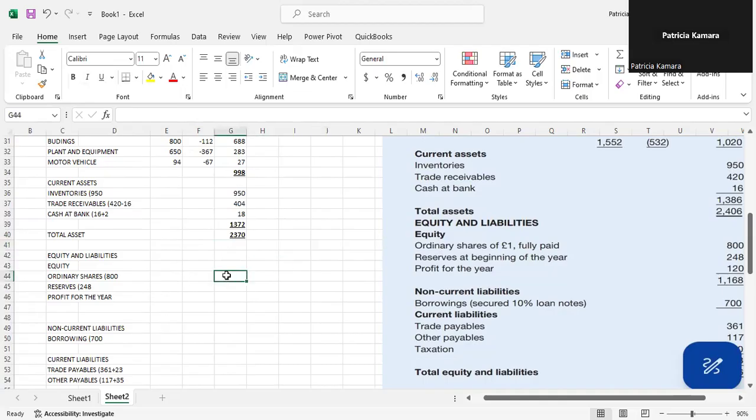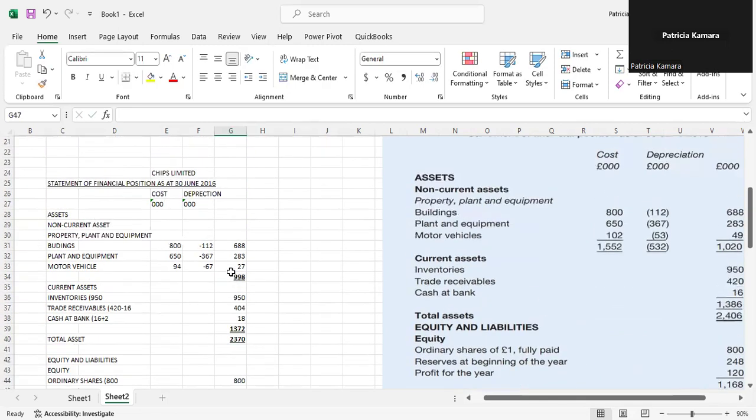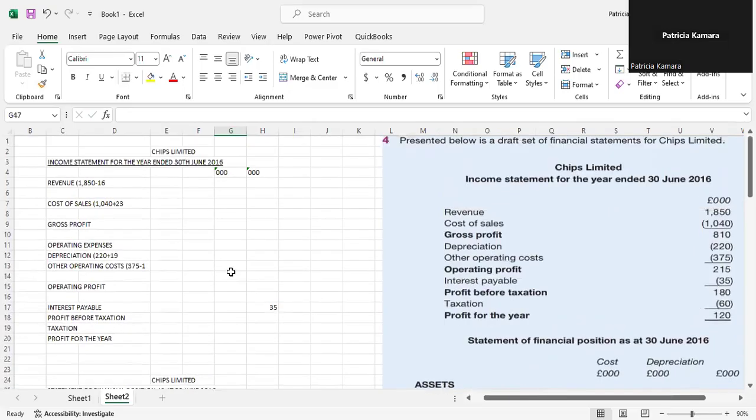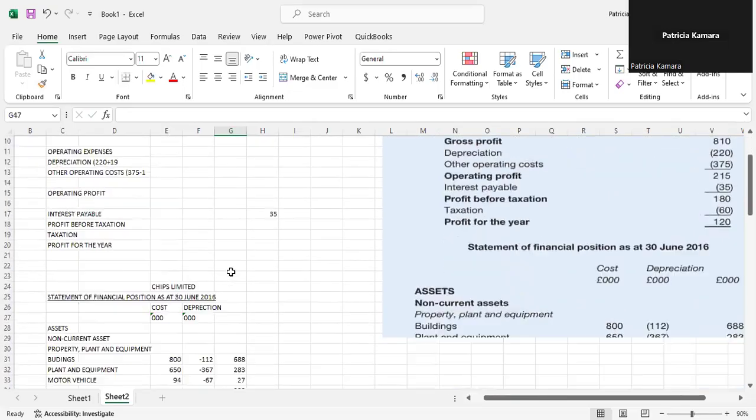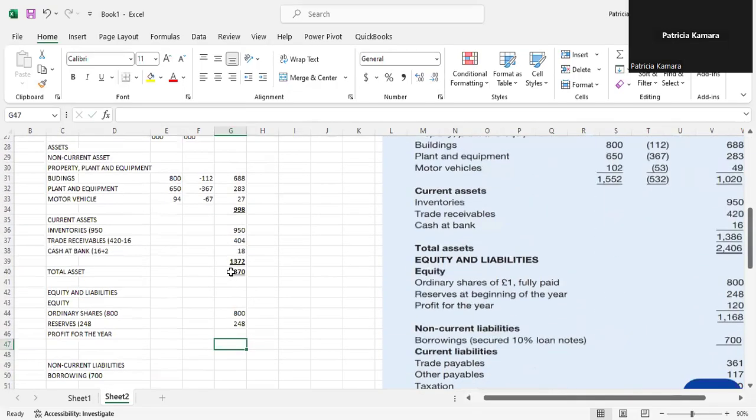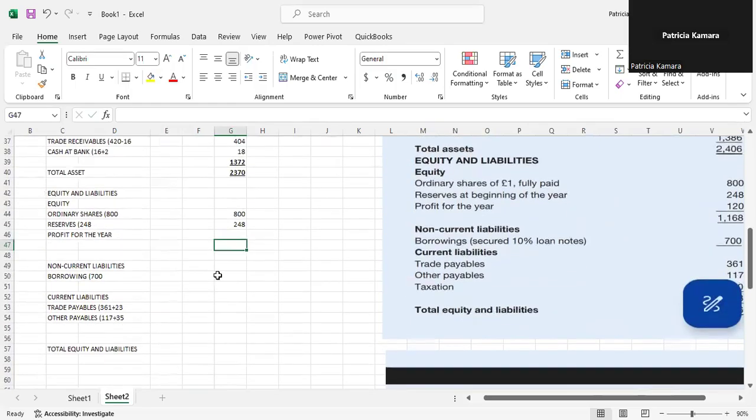Our ordinary share capital was 800, there was no adjustment. And then reserves remain at 248. Now let's calculate our profits for the year. We haven't reported that, so let's leave that for now. We will go back. So our borrowing for the period still remains at 700.